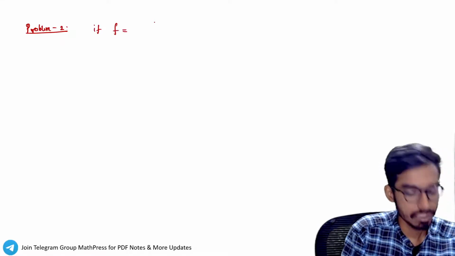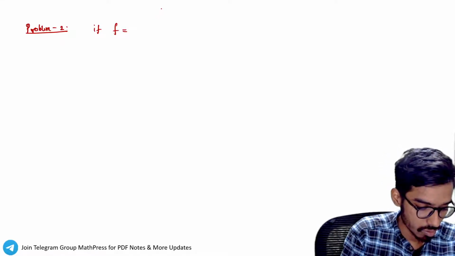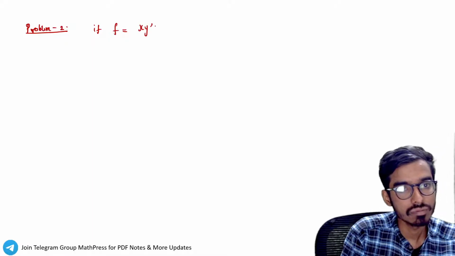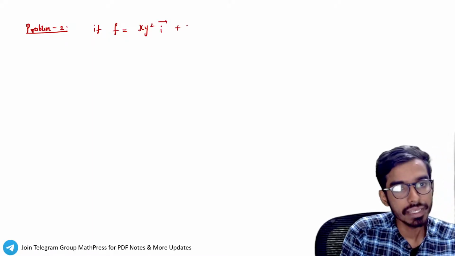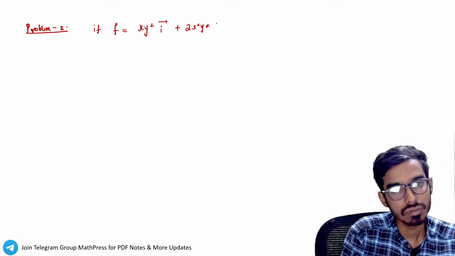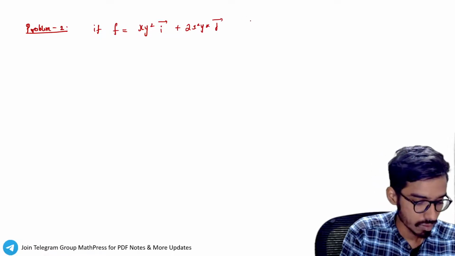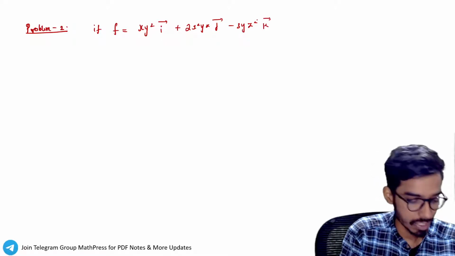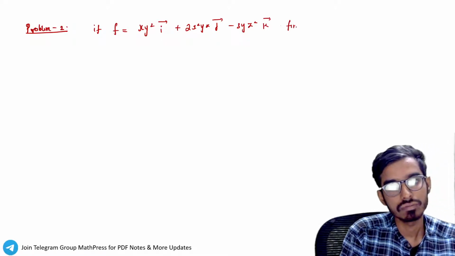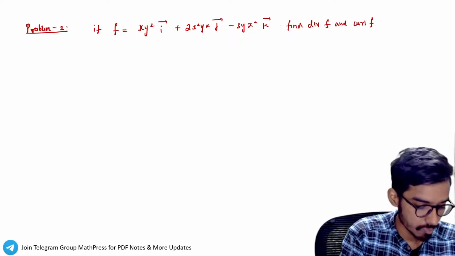If f is equal to xy² i vector plus 2x²yz j vector minus 3yz² k vector, find the divergence of f and curl f.